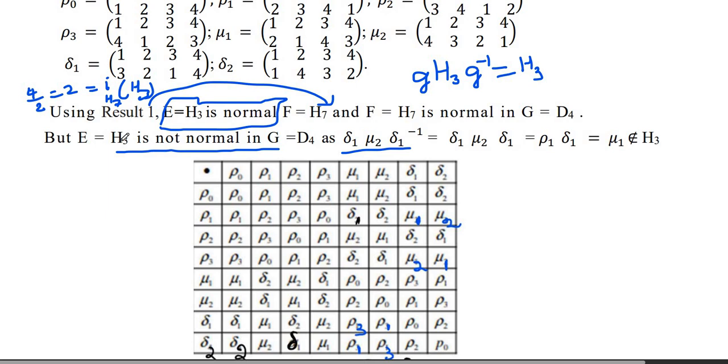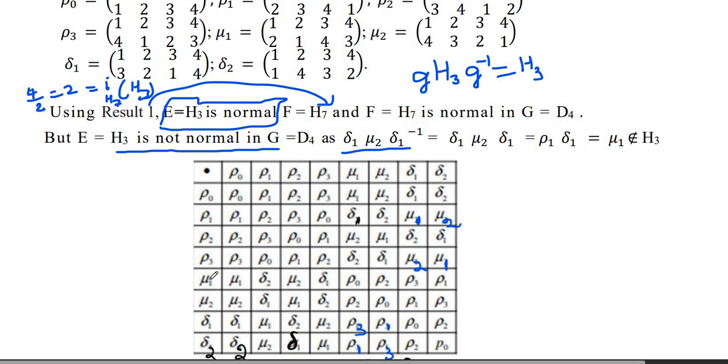So here for H3 we are going to adopt that definition. So we will consider delta 1 mu 2 delta 1 inverse. Delta 1 inverse from the table is nothing but delta 1 itself. So we have this. Now delta 1 mu 2 is row 1, and this is what we have.